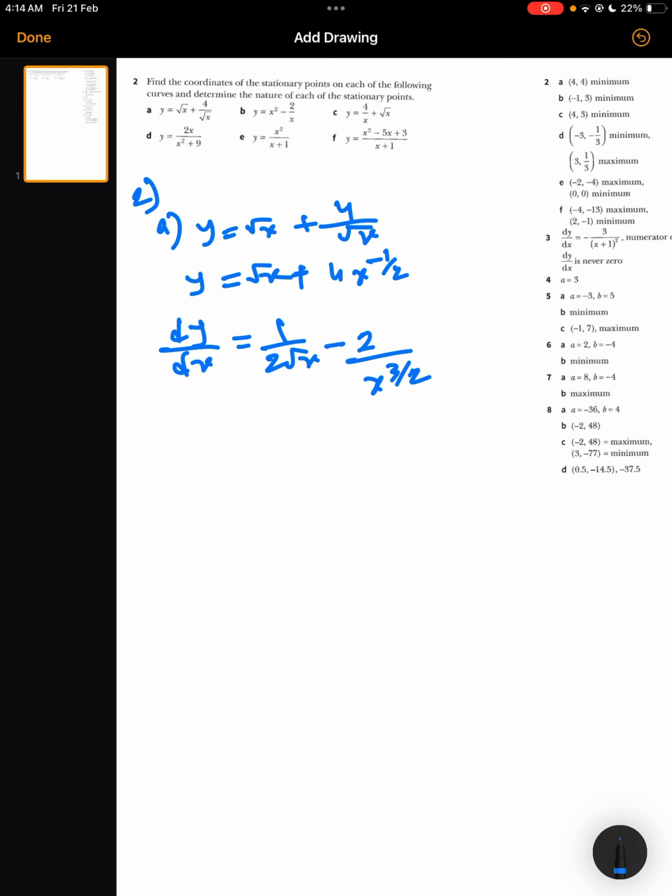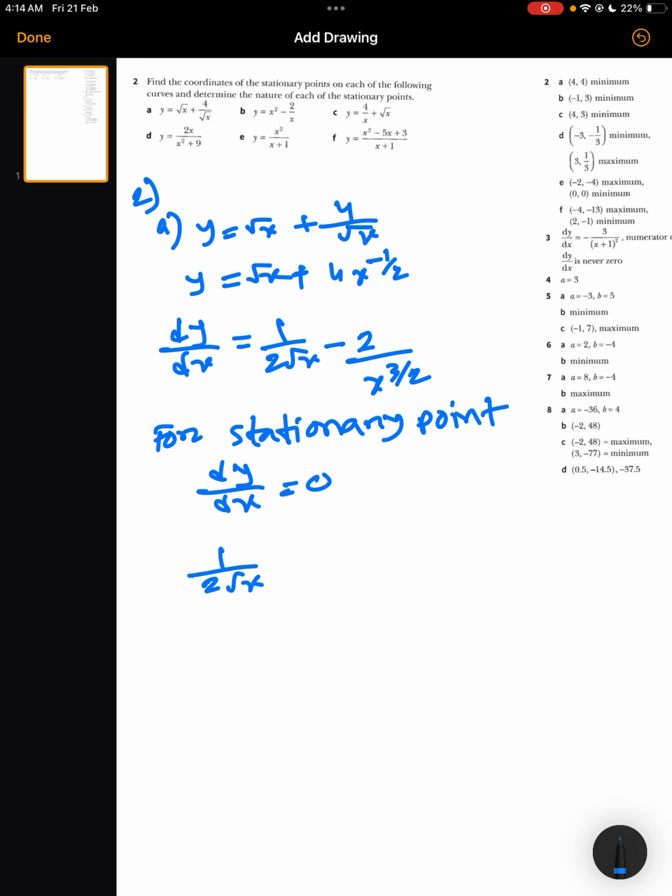Now for the stationary point, the first derivative is 0. So 1 by 2 square root of x minus 2 by x to the power 3 by 2 is equal to 0.